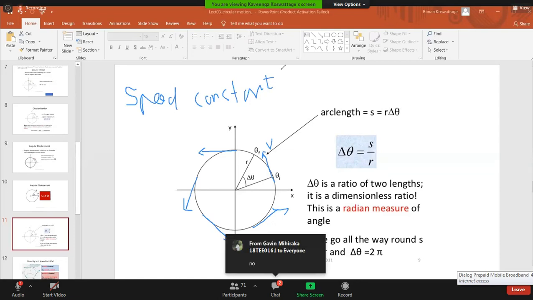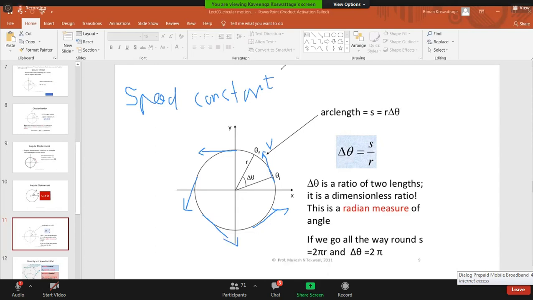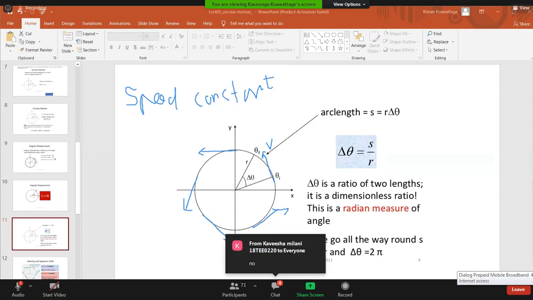Is velocity changing in the case of uniform circular motion? Anybody can answer now. How about Kavisha Milani? Velocity is not changing, according to Gavin Mihiraka. So how about Husan, Lasindu and Naveen Dilshara? In the case of uniform circular motion, is velocity changing?